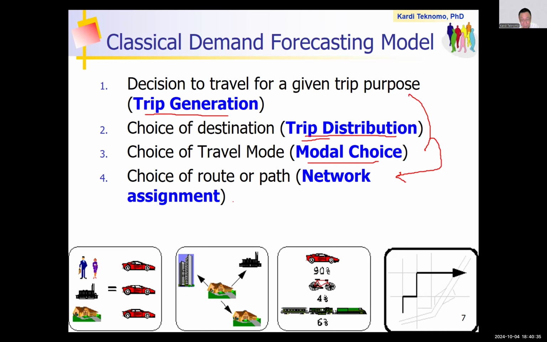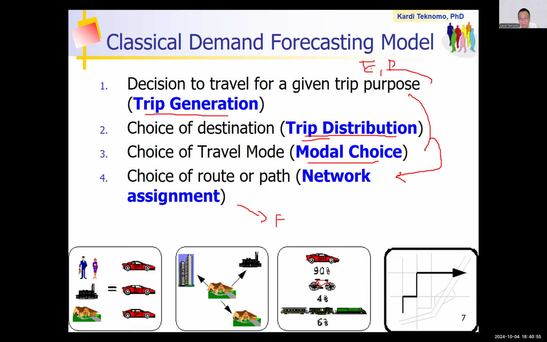The final goal is basically to get the flow matrix. This is the classical technique. In the first step, you have the economic activity, population, and land use.